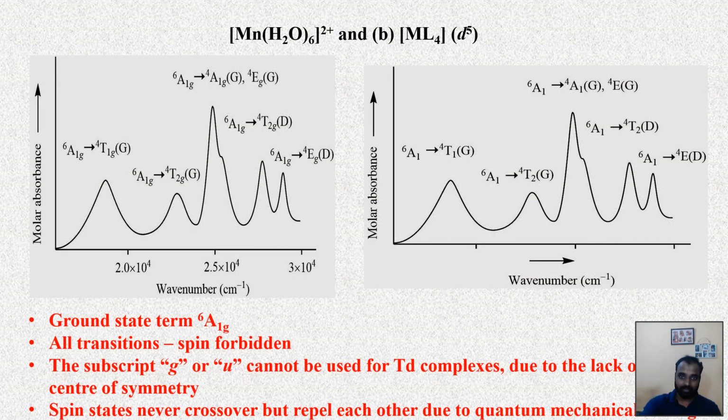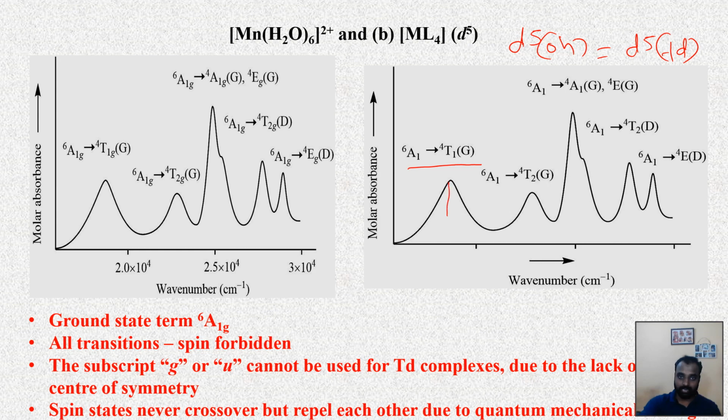Here is the spectrum of D5. In the case of D5, the D5 octahedral Orgel diagram is equal to the D5 tetrahedral. And the lowest energy transition is from 6A1G to 4T1G. Here also 6A1G to 4T1G.